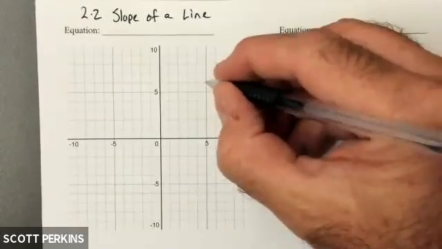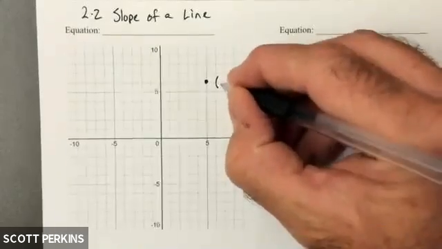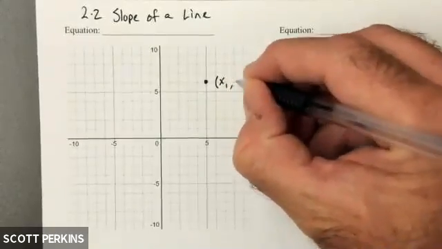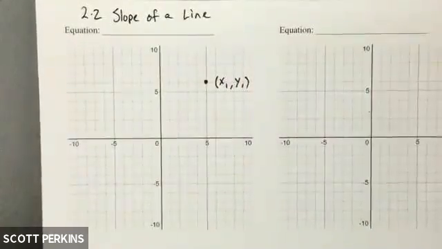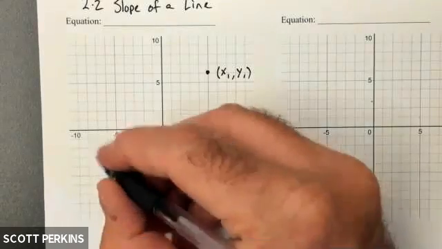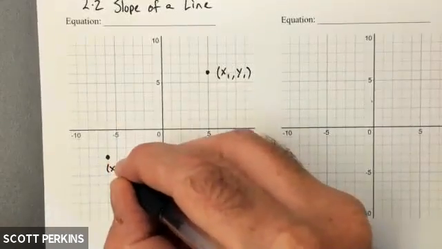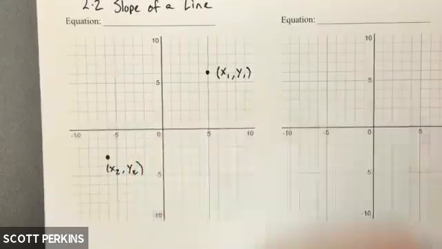I'm going to pick just some point up here, and I don't care about the numbers. I'm going to call that point x1 and y1. And then I'm just picking 2 points that are kind of far away. There's nothing special about these 2 points at all. I'm going to pick another point down here in quadrant 3. I'm going to call that x2 and y2.